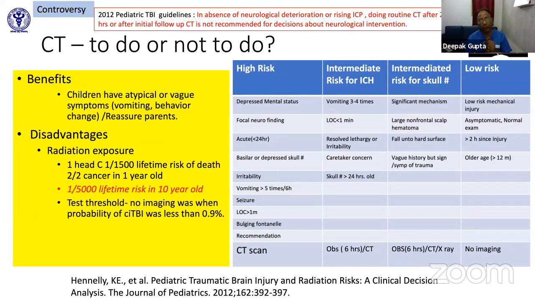At times they may demand a CT scan in very young children with minor trauma also, and children often have atypical or vague symptoms. So there comes the relevance of the surgical decision by the care provider whether or not to do a CT scan, especially in minor traumatic brain injury.